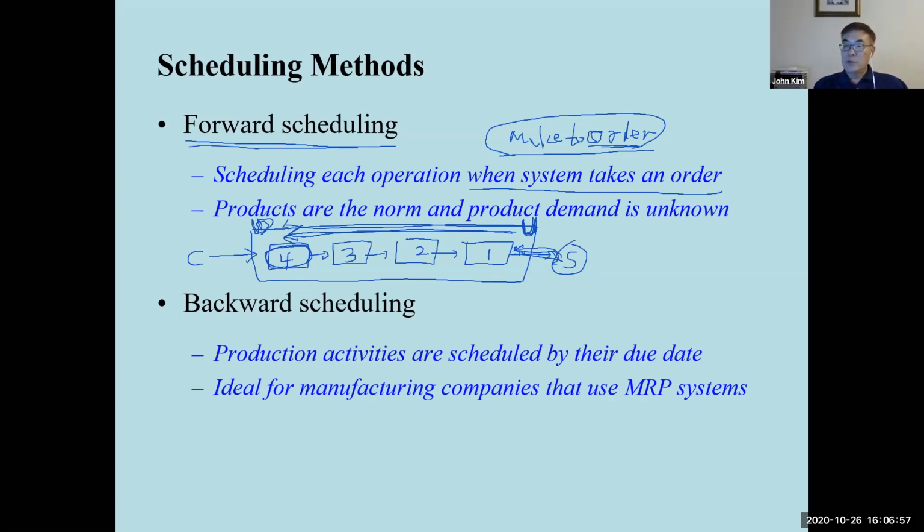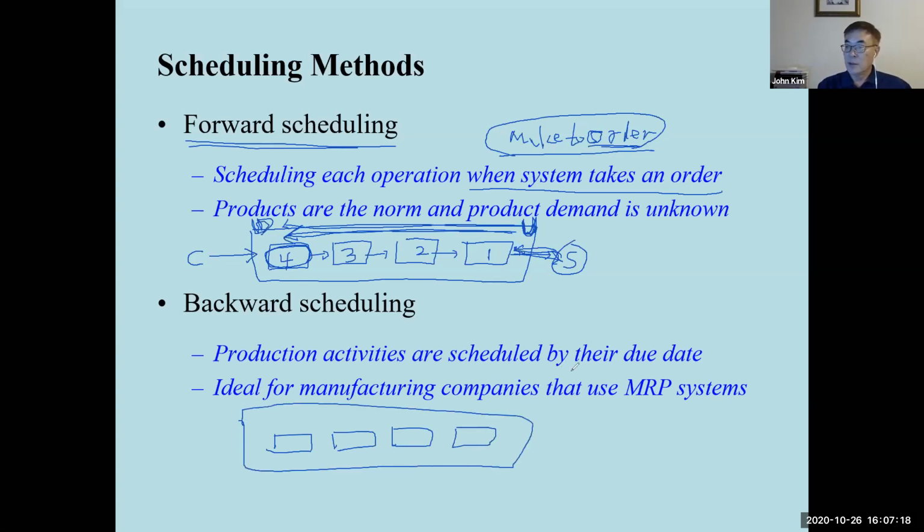Backward scheduling, production activities are scheduled by their due date. The same if there are multiple stages in a system. By due date, schedule, so they know due date sometime. So it's like the due date is 10 days later.